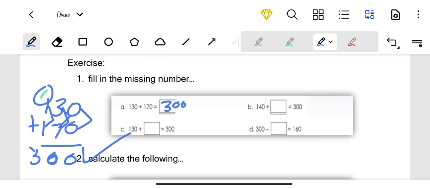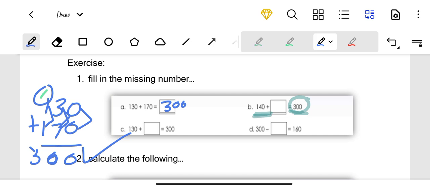B says 140 plus blank is equal to 300. You have to ask yourself, if I add or subtract something from 140, I am supposed to get 300. For me to get 300 from 140, I have to add something. What can I add?